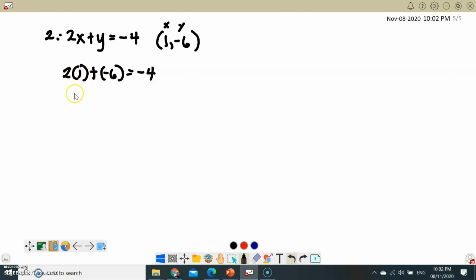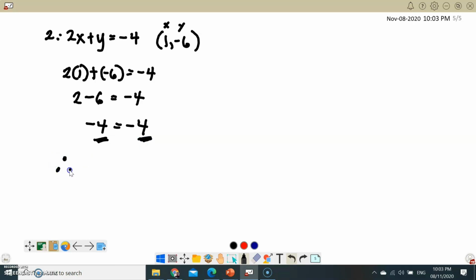2 times 1 is 2, then positive multiplied by negative 6 is negative 6 equals negative 4. So 2 minus 6 is negative 4 equals negative 4. If you notice, the left side of the equation is equal to the right side of the equation.